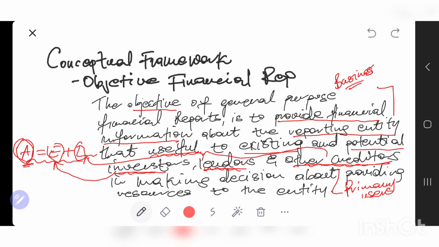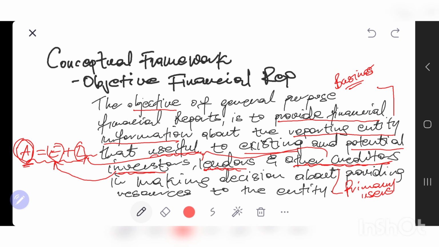So the conceptual framework specifically states these parties in the definition of the objective of financial reporting, because these people are the ones who have provided resources to the business in the form of funds or money. The investors have provided what is called equity. Lenders and creditors have provided what is called liabilities to the business.